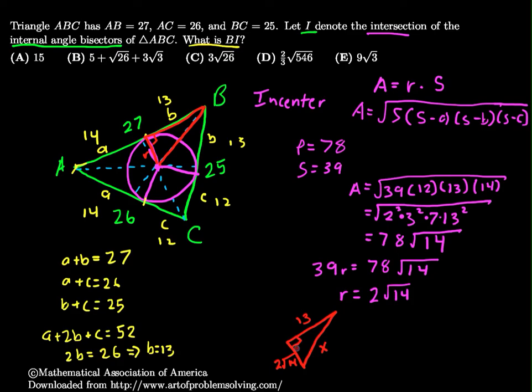So, Pythagorean theorem, that easy. 13 squared plus 2 root 14 squared equals my unknown squared. 169 plus, this one's going to be 4 times 14, which should give me 56. Let me double check that. Yes, okay. Equals x squared, and lo and behold, 169 plus 56 is 225, and it's a perfect square. Square root of 225 is 15. My answer finally is A.